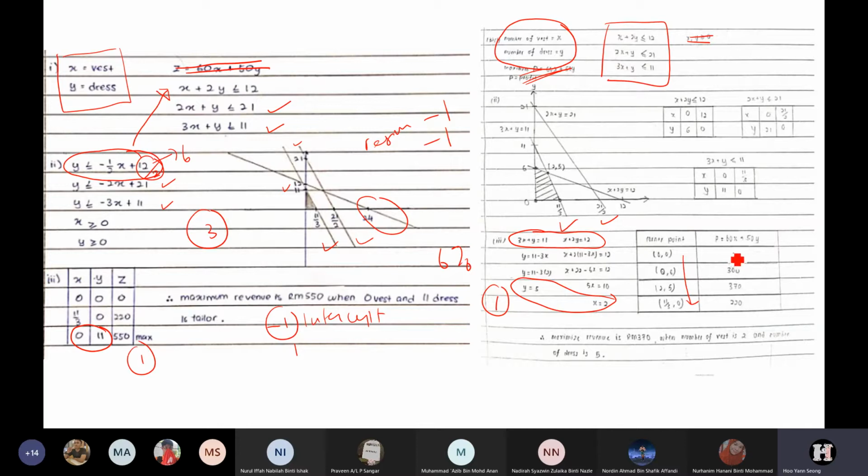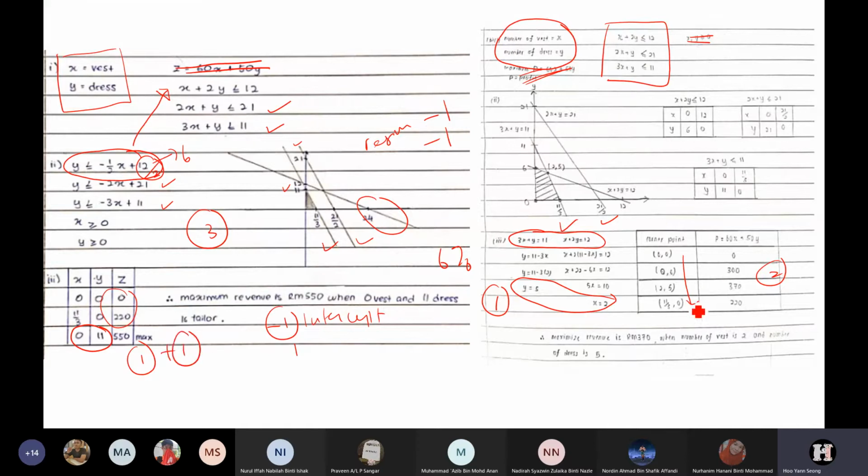After that, the second one is based on these 4 points, you substitute the 4 points into your objective function z. If you substitute everything correctly, normally it will give you 2 marks. Because here you substituted and only these 2 are correct, maybe you will get another 1 mark.